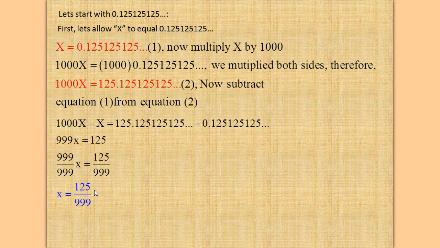And that gives us 125 over 999. If you put that in your calculator, you'll see 125 divided by 999 is truly the repeating fraction 125, 125.